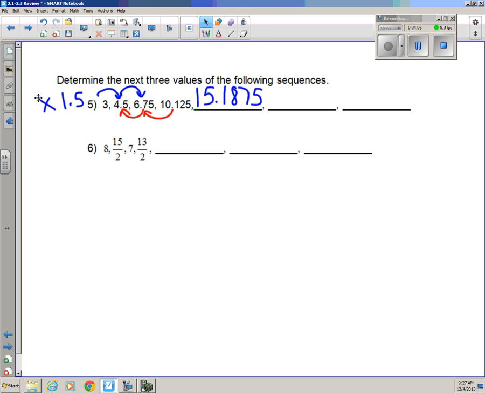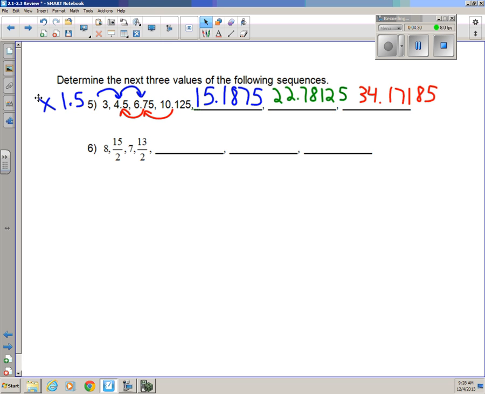And then when I multiply that by 1.5, I get 22.78125. And when I multiply that by 1.5, I get 34.171875. Again, feel free to do that on your calculator, but those are the numbers that you get.